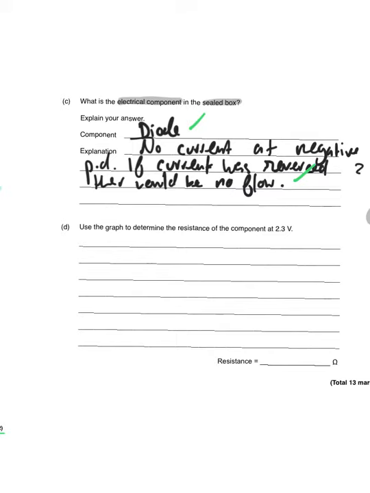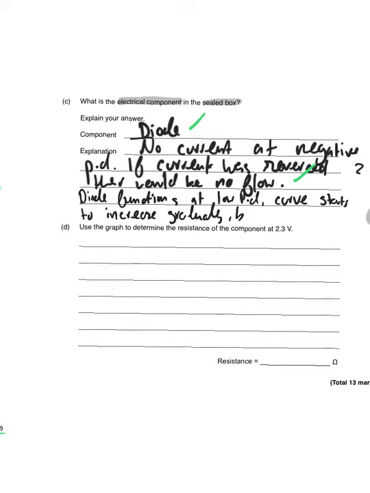So diode functions at low potential differences, why they're really efficient, low PD, and the curve starts to increase gradually, but quickly increases at a certain PD. I could be really specific and say what that is. I'll just go back to the graph to do that.